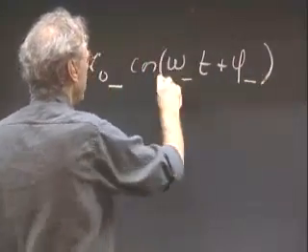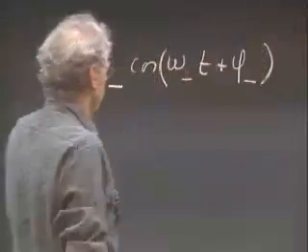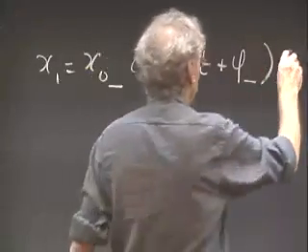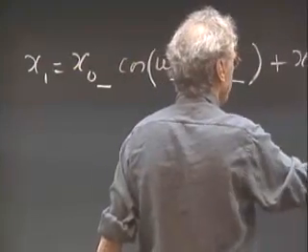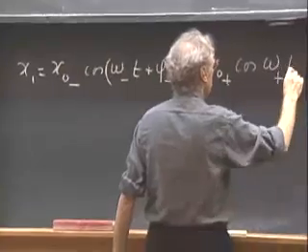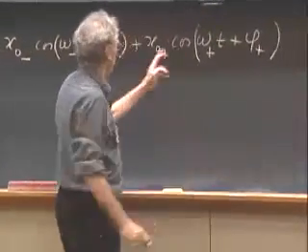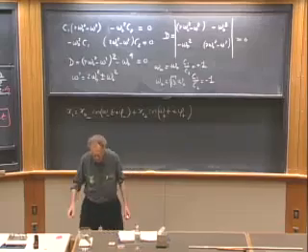All these minus signs make reference to this mode. And then I have plus x0 plus times the cosine of omega plus t plus some phase angle plus. Of course, if you prefer instead of cosine sines, that's fine, of course.